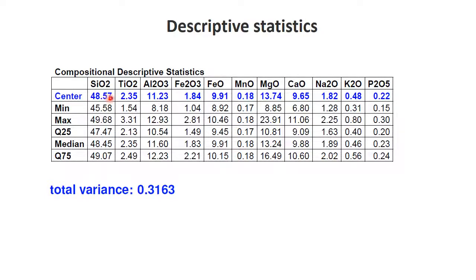That's the geometric center, which we'll also see turns out to be the center of the ternary diagram. And we can look at other statistics. Here we see the total variance, the variation in the data. If you have two data sets, you can compare the variance of this data set with the variance of another data set that you may have.